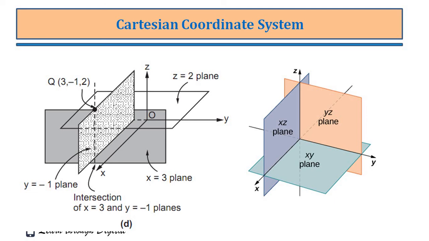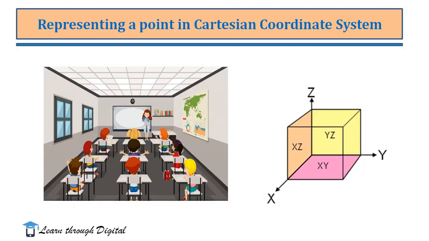So these constants may be positive or negative. This is an illustration which is the example for Cartesian coordinate system.